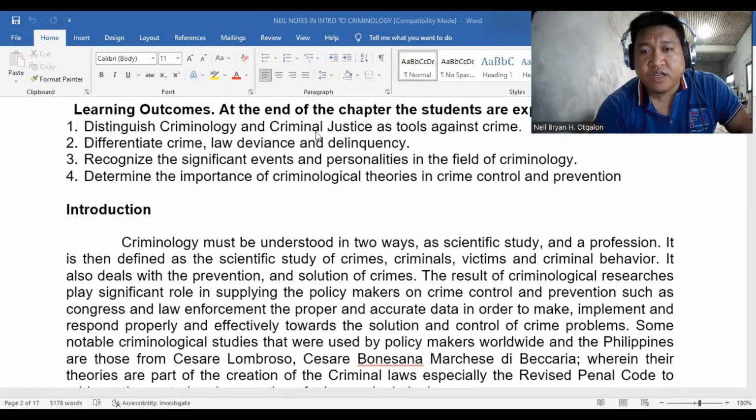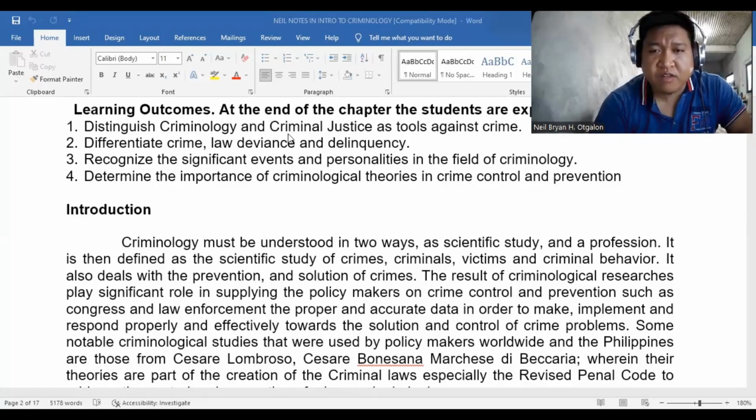Criminology focuses on the study of crimes, their causes and origin, and provides solutions in order to control and prevent crimes. While the focus of criminal justice is the control of law breaking, or the control of people from violating the law, and how the criminal justice system controls law breaking.